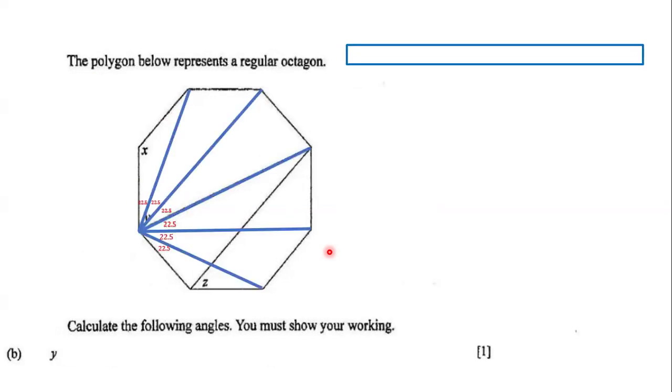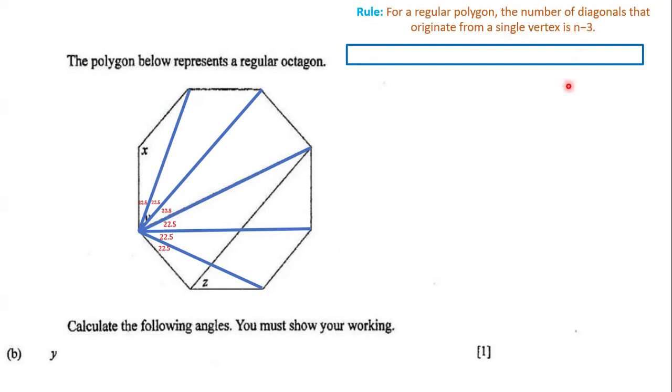We have this rule, which states that for a regular polygon, the number of diagonals that originate from a single vertex is n minus 3. Now, n is the number of sides, so in this case it's 8 minus 3.